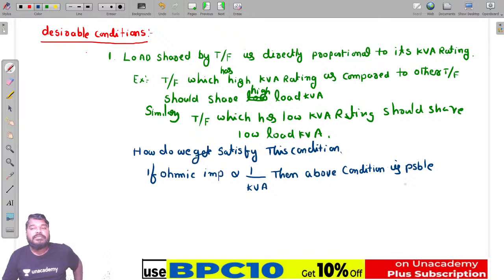Then the above condition is possible. So if the ohmic impedance of the transformer is inversely proportional to its kVA rating, then the above condition is satisfied. That means load shared by the transformer is directly proportional to its kVA.